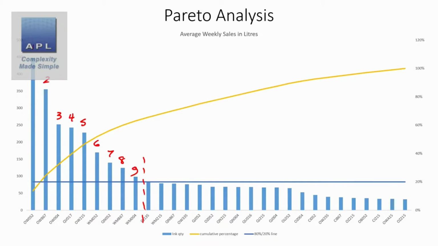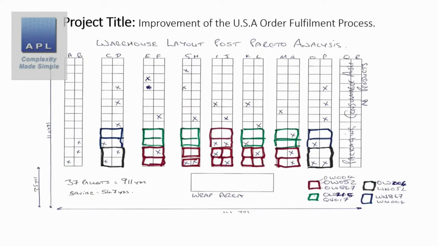So having found those items, what they've now decided to do, look, is to define this front section of the warehouse. So the parts are still sort of randomly picked.